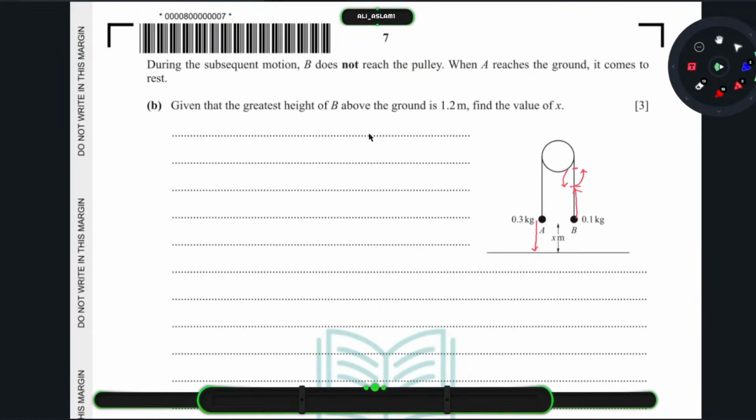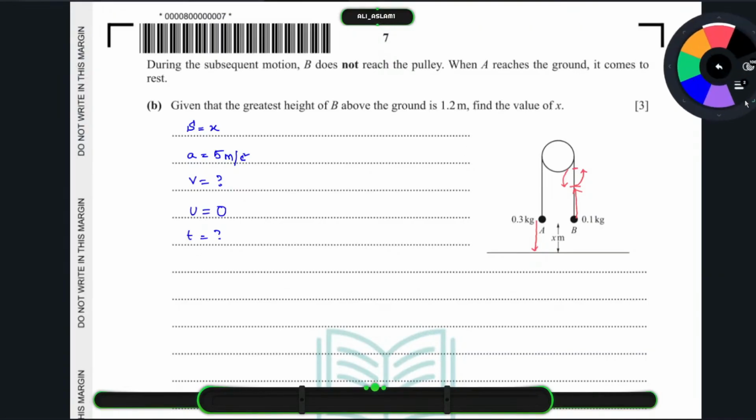So one equation we can form is that we know S is equal to X, and A is 5 meters per second squared, and V is unknown, U is 0, T is unknown as well, so we can use 2as equals v squared minus u squared. V is unknown, so we take v squared.